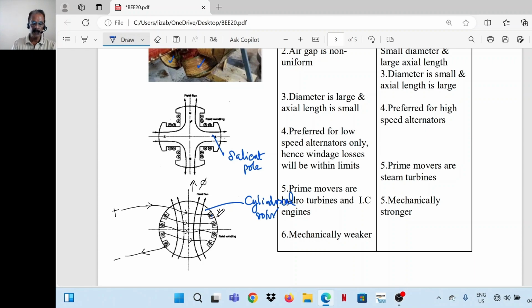So here conductors are inserted in the slots on the periphery of the rotor. So here a connection is given, direct current is given to the field winding. So this is an example of a two-pole machine. This is a four-pole rotor, north, south, like that.